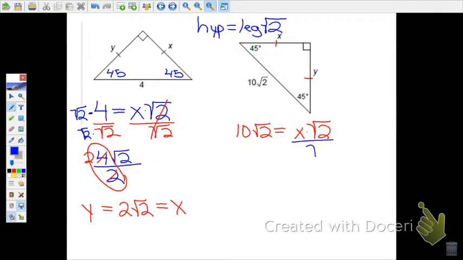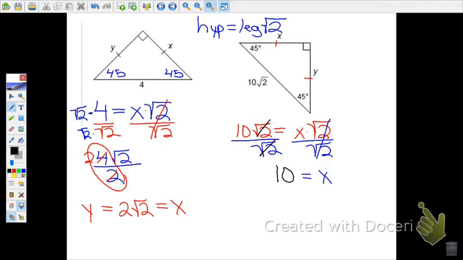So I need to divide by square root of 2. When I look at that, this time though, I can go ahead and simplify. So I don't have to go through that rationalization process because I can divide out those square roots of 2. I simplify that fraction, and I'm just left with 10.